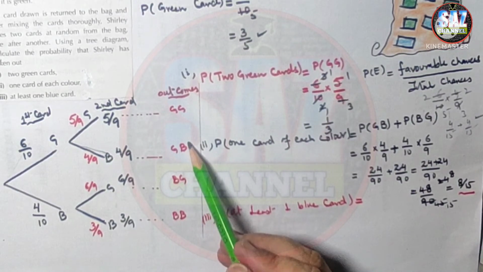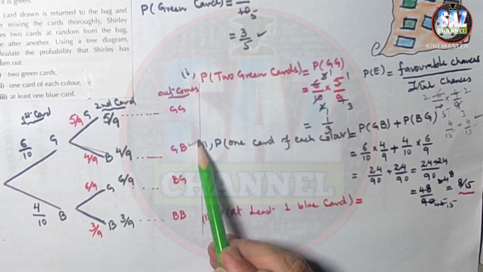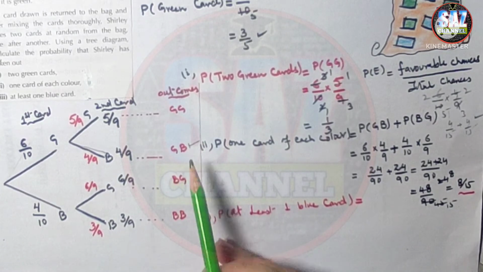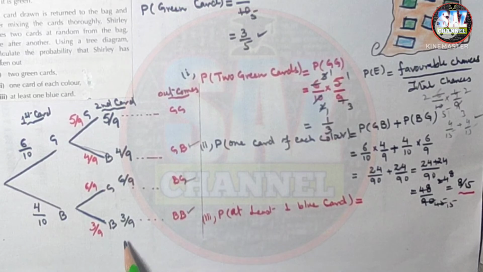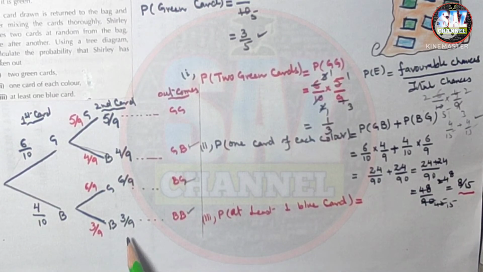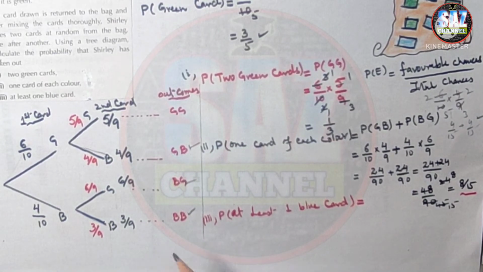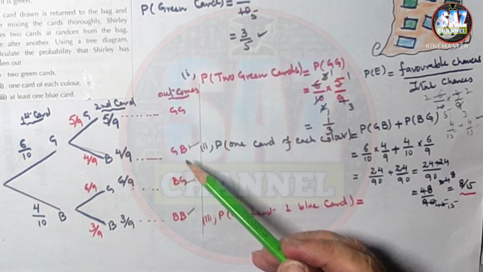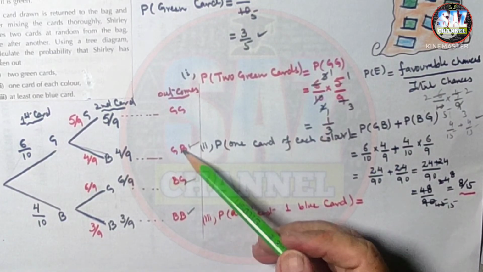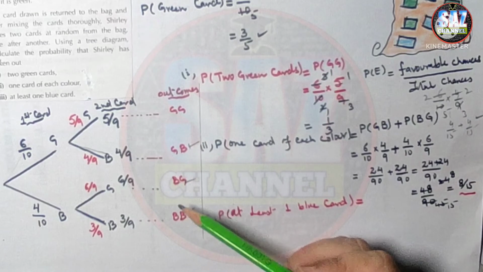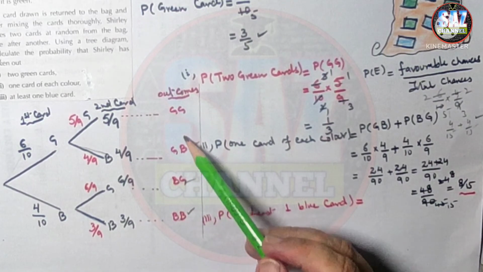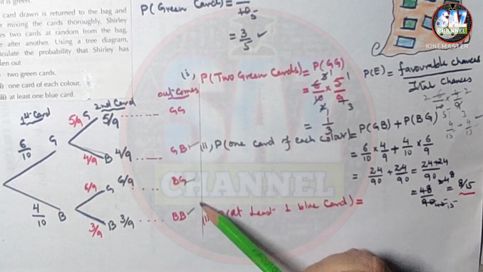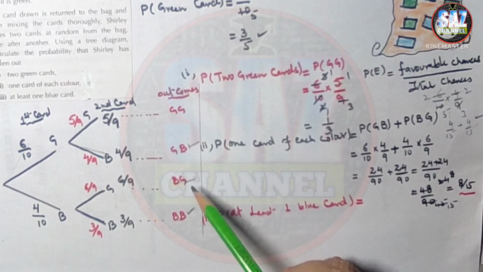So the situations are green with blue, or blue with green, or blue with blue. There are two ways of getting the same answer. One of the ways is that we have to get the probabilities of green with blue, blue with green and blue with blue, and we have to add them up. At least one blue means that we should have one card which must have blue color.